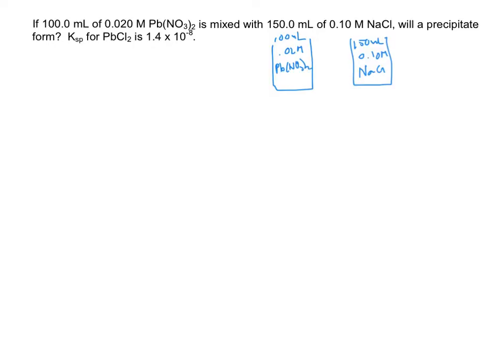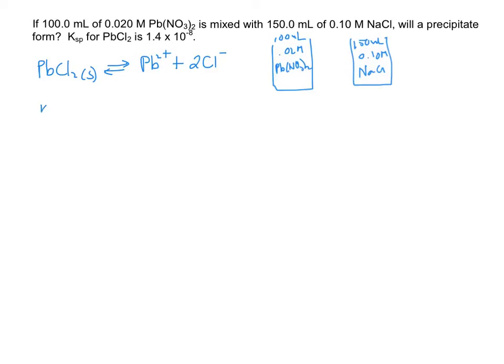So the KSP is for an ionic salt dissociating. So let's write down that process. PbCl2 solid dissociates into Pb2 plus ions and 2Cl minus ions.